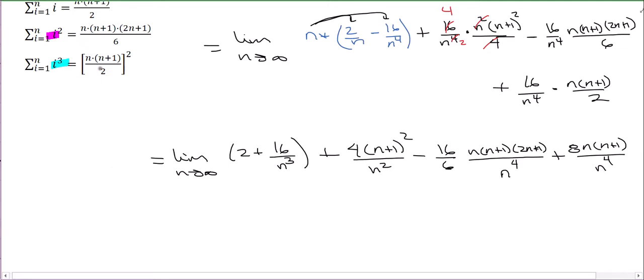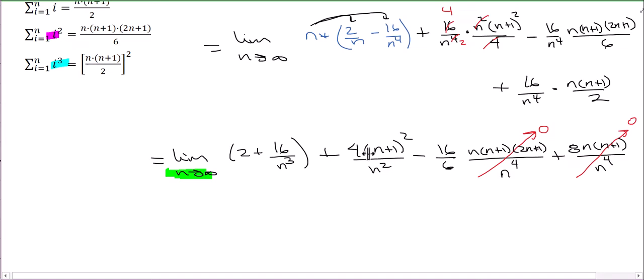So as n goes to infinity, that last one is going to go to 0 because the power on the bottom is larger. Same thing here, n times 2n, that's going to give me a 2n cubed. But I have an n to the fourth on the bottom, so the power in the denominator is larger, so that's going to go to 0.